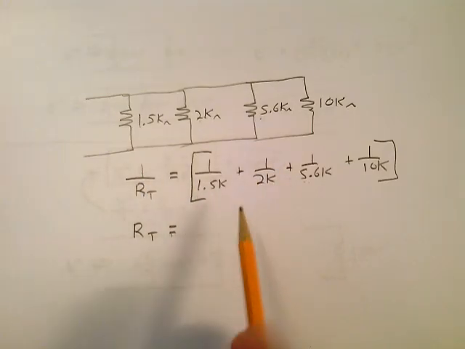Work it out a couple different ways, but I'm going to take 1.5 times 10 to the third and invert it. I'm going to take 2 times 10 to the third and invert it.